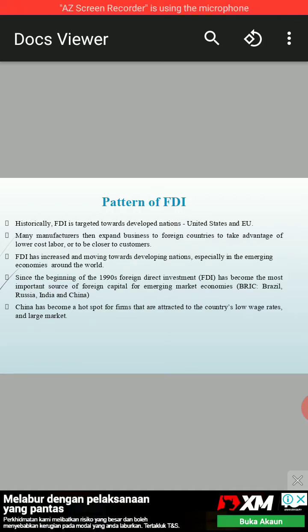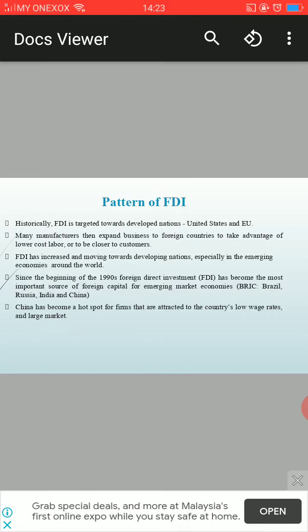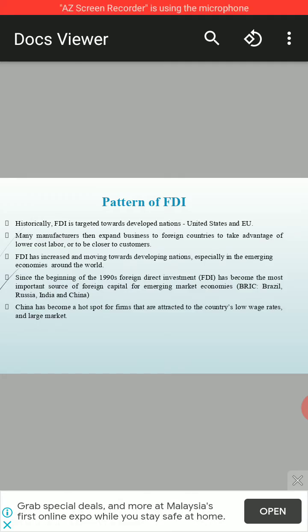Since the beginning of the 1990s, foreign direct investment has become the most important source of foreign capital in emerging markets. The short form is BRIC: Brazil, Russia, India, and China. These are what we call emerging markets, which became the favorite for foreign companies to come to their country and open their business.